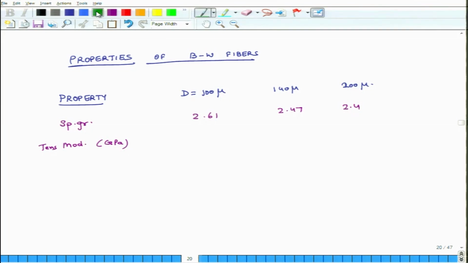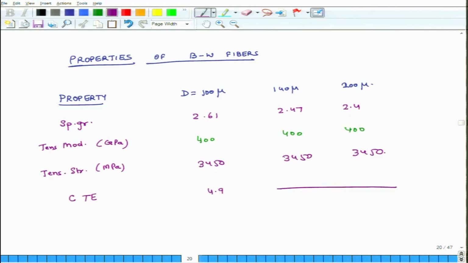So, tensile modulus is pretty much the same, 400, 400, 400, and strength, MPa. So, that is also pretty much the same, 3450, 3450, 3450. Okay. So, nothing interesting here, and CTE is again 4.9 and it is the same thing.